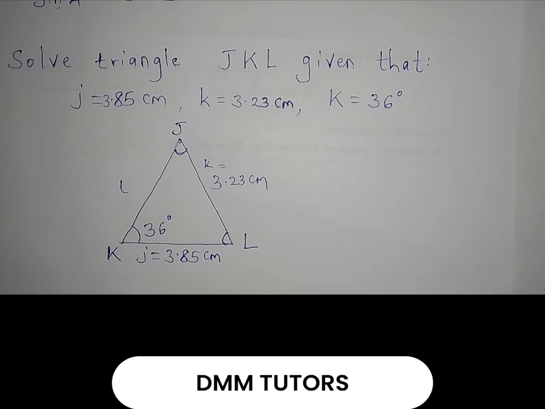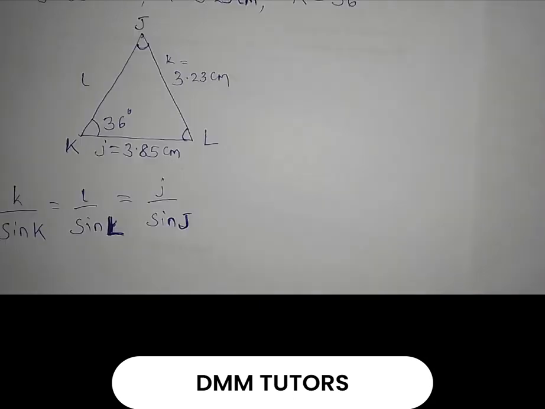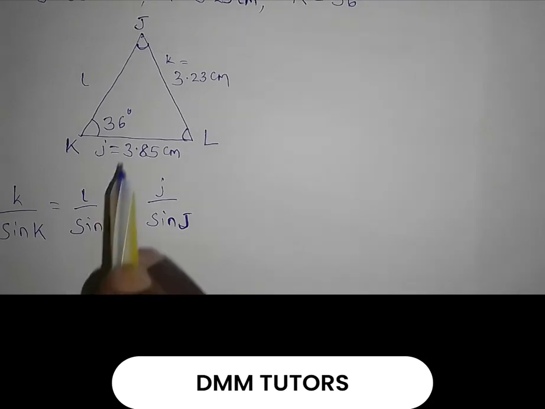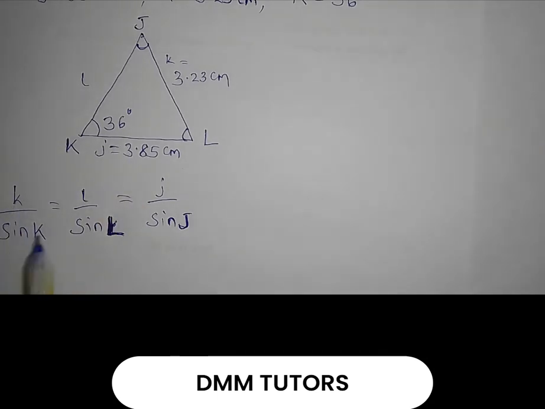So we are going to use the sine rule to find this. According to this triangle, K over sine K equals L over sine L equals J over sine J. And now we have K and we have the angle subtended by K. So this one will help us to find this ratio. So let us find it.